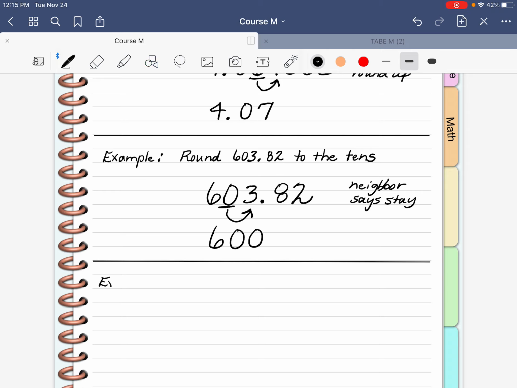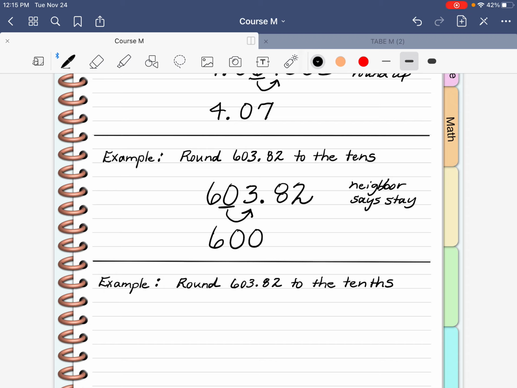In this one, I'm going to round that same number to the tenths place. So round 603.82, same problem, to the tenths with a TH.